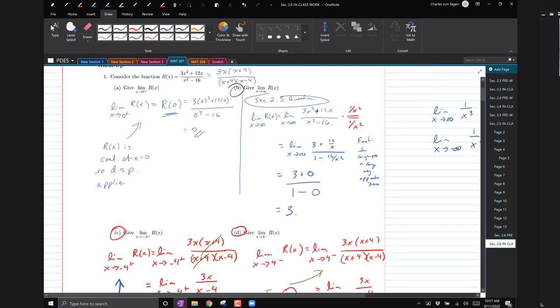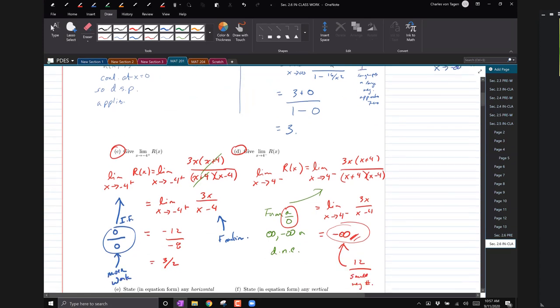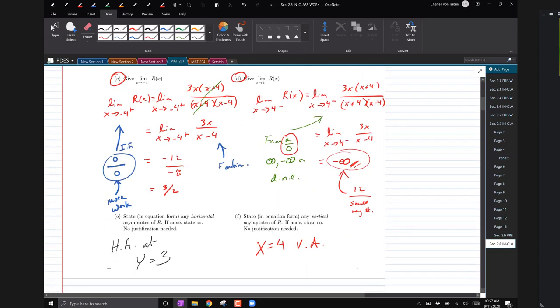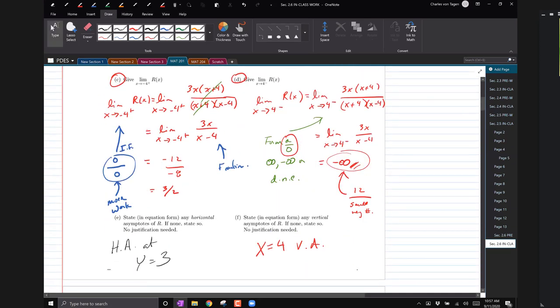Now, have I done all the work to show that the only horizontal asymptote is y equals 3? Cole's shaking his head no. Why are you shaking your head, Cole? Well, I mean, you didn't look at negative infinity in that end behavior. Yeah, so we've only looked at the right-hand end behavior.